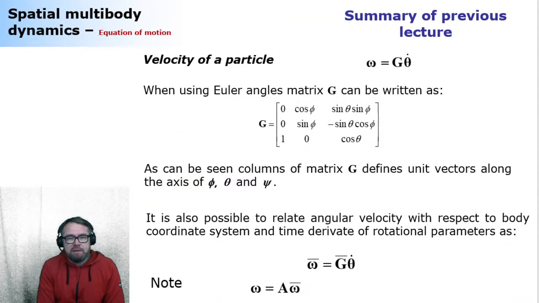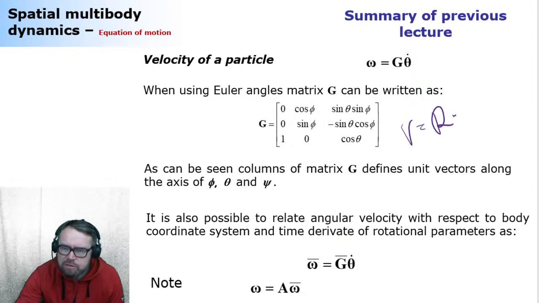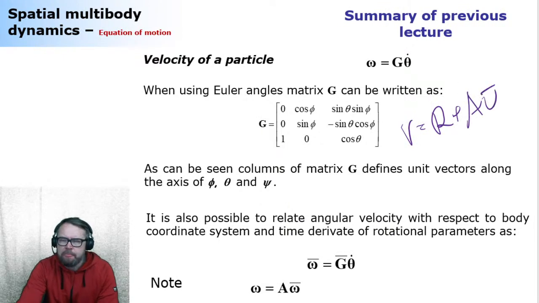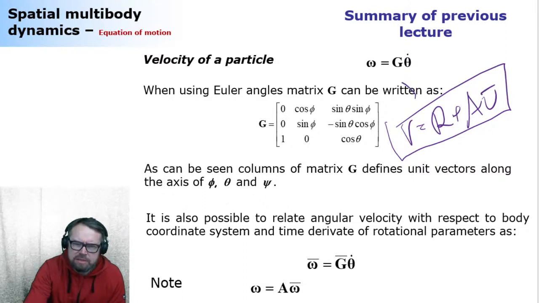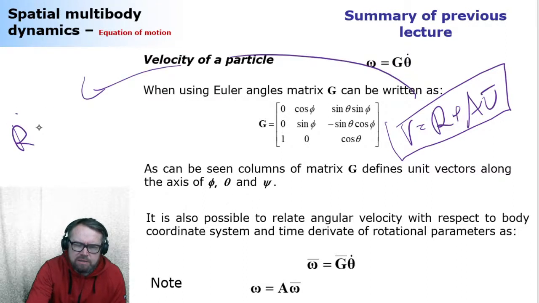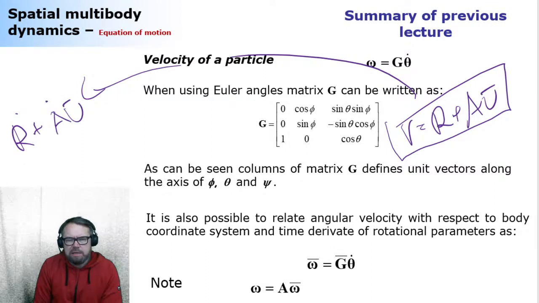Then back to multibody system dynamics. In multibody system dynamics, when we're using this kinematic notation that we used in the course last semester and this course too, there's something that is a little bit surprising. If this is a particle position, and when you differentiate this with respect to time, it's going to be r dot plus a dot multiplied by this u bar.